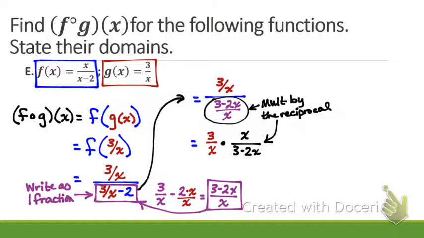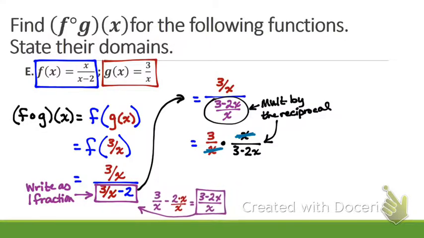Is there anything here that I'm going to be able to reduce? The x's. I can cross cancel those. So what would that give me then? Can you reduce the 3? I wish I could. I can't because of that minus sign.